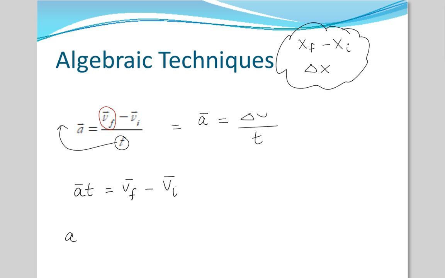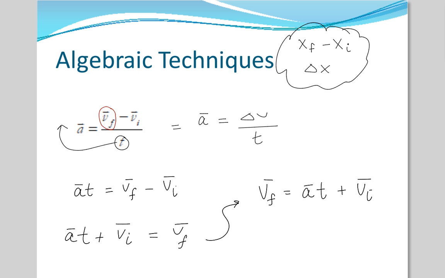So you have AT plus VI is equal to VF. Now I'll just rearrange it so it's on the left. VF equals AT plus VI.